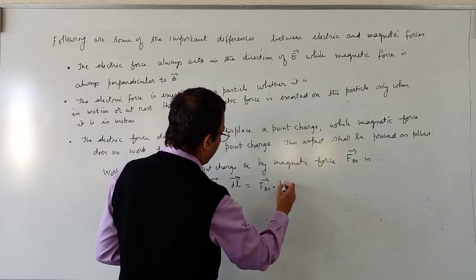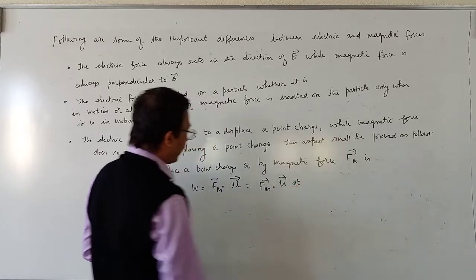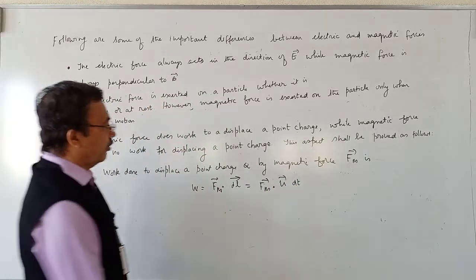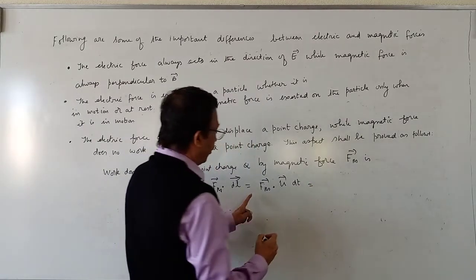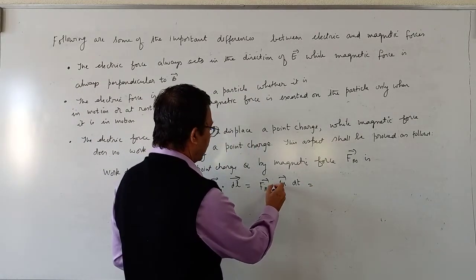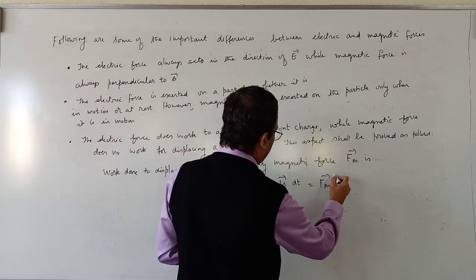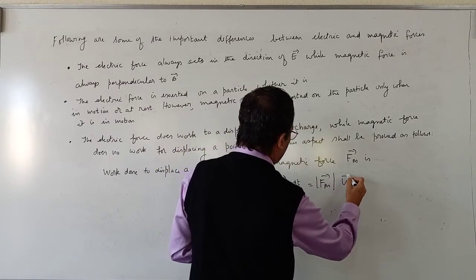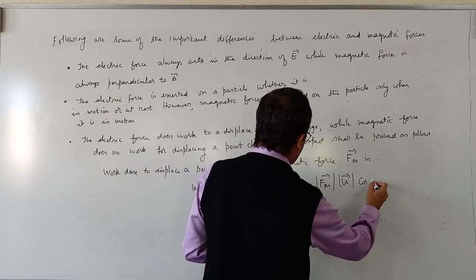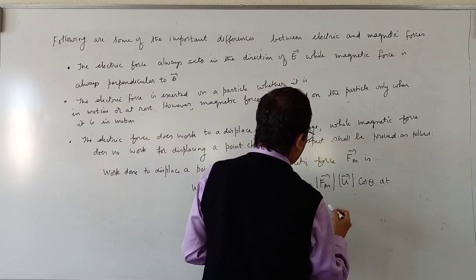Vector dl is vector u into dt. Apply the dot product definition: magnitude of vector Fm, magnitude of vector u, cos theta into dt.